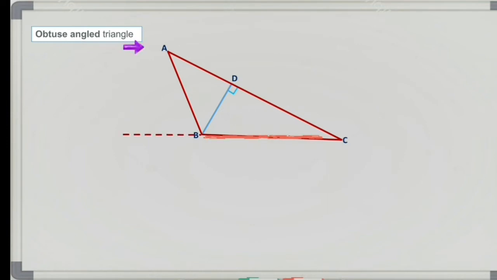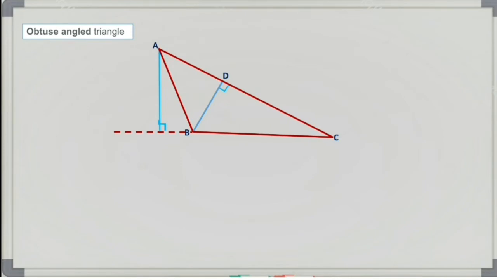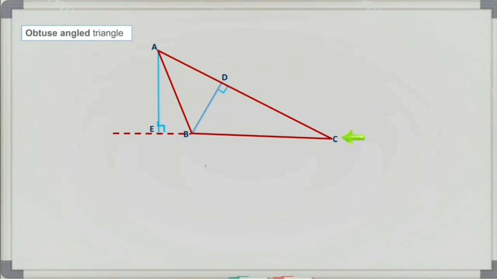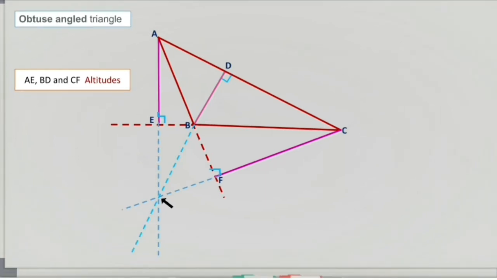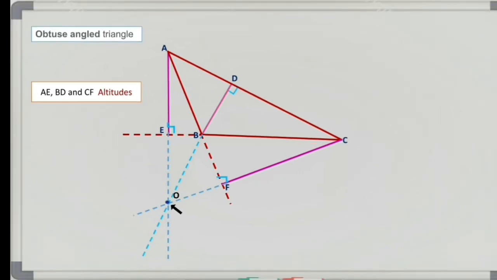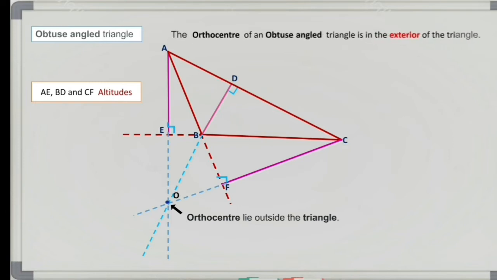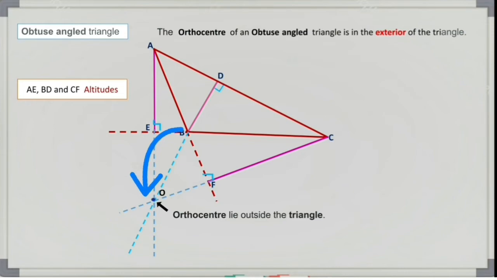So, segment AE becomes an altitude from vertex A. Similarly, to draw an altitude from vertex C, we have to extend AB. After we draw all the altitudes, we had to extend each one to form the orthocenter. This proves that in the obtuse angle triangle, the orthocenter lies outside the triangle. Now we know the orthocenter of an obtuse angled triangle is in the exterior of the triangle.